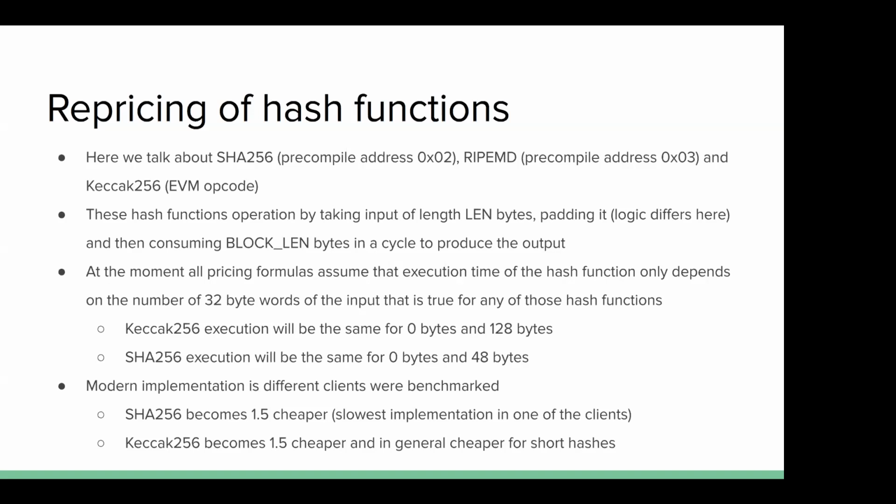Right now, the pricing formulas are the same for all of those hash functions, in the sense that the user pays some specific upfront amount, and then the user pays for every 32 bytes of the input.